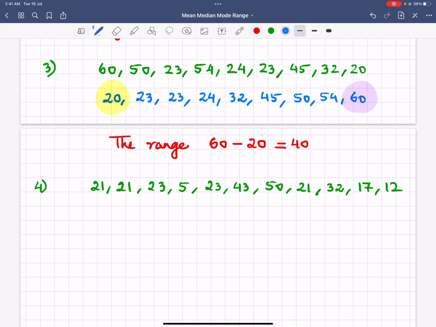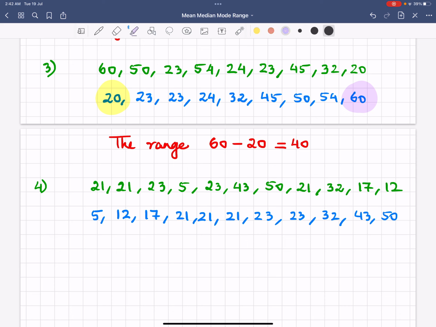So let's write them in ascending order, which is from smallest to largest. We have 5, 12, 17, 21, 21, 21, 23, 23, 32, 43, and 50.